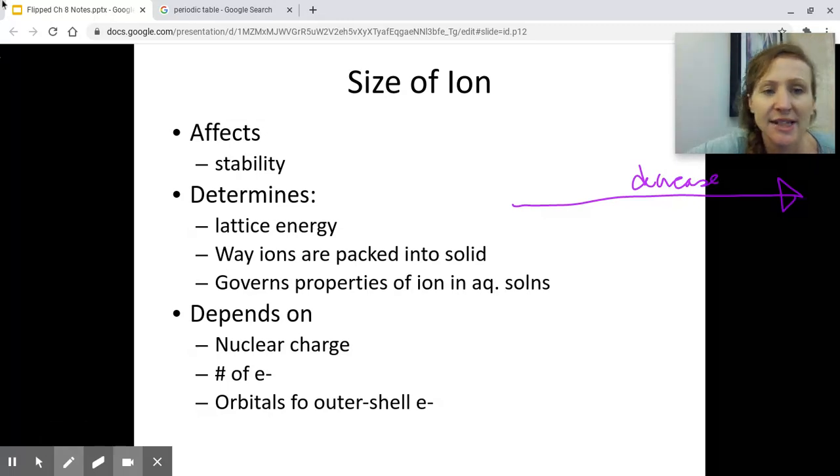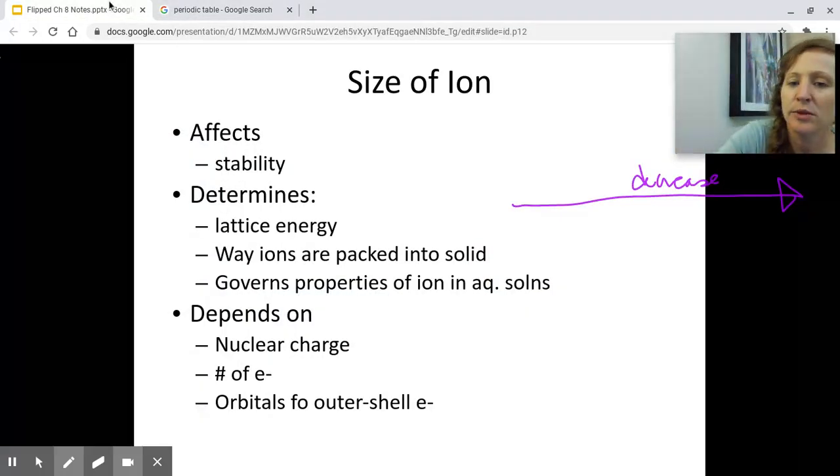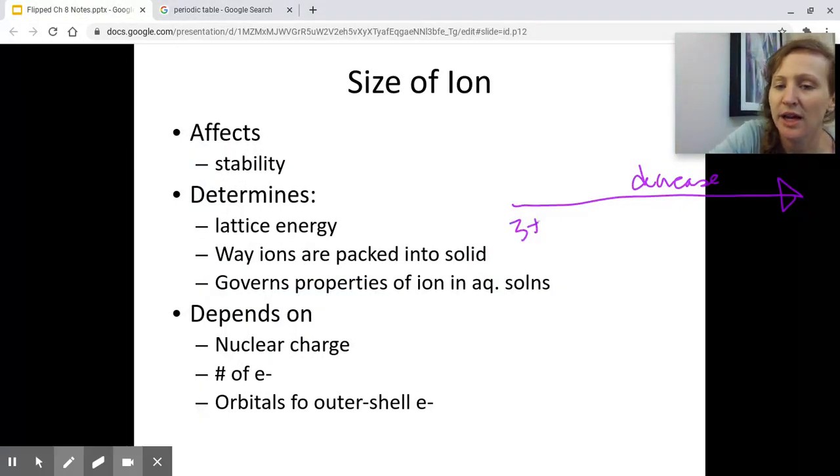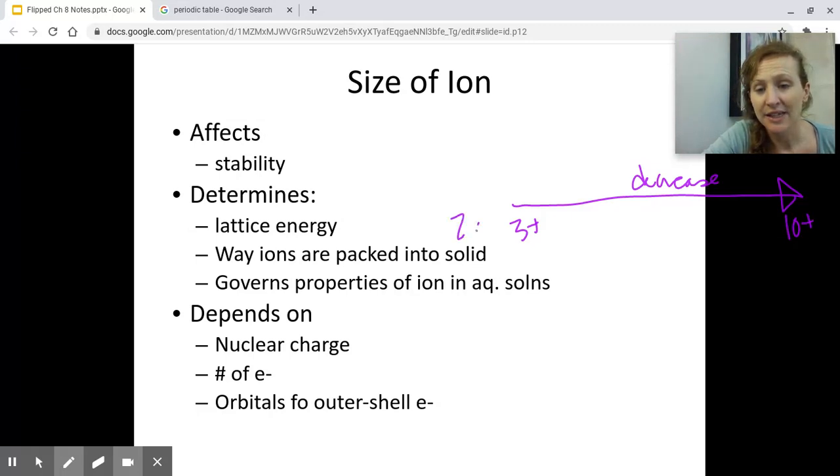If we look at that second row in the periodic table, lithium all the way through neon, lithium has a 3+ nuclear charge. Neon has a 10+ nuclear charge. And if we look at the Z effective, it's even more dramatic. Lithium has a 1+ effective nuclear charge attracting its valence electrons.